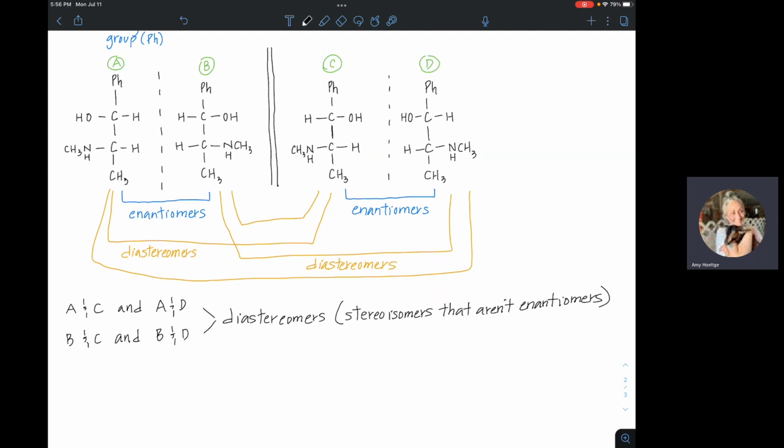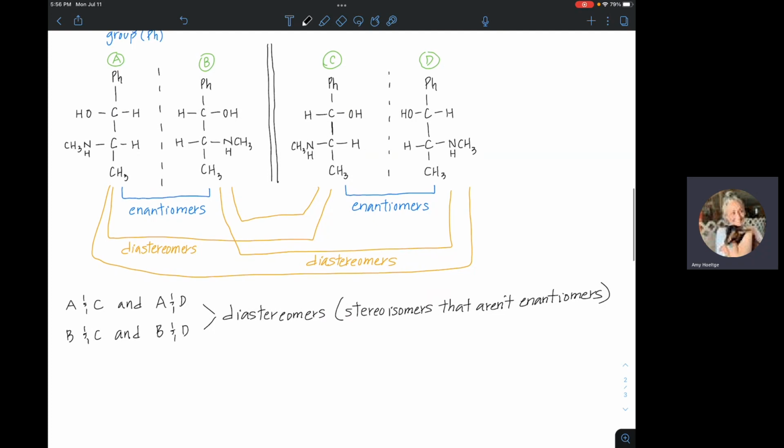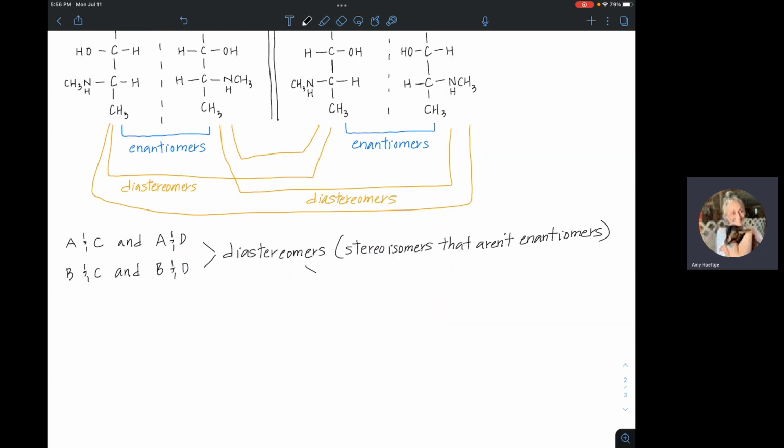So you're not ever going to be separating enantiomers physically, but you can separate diastereomers physically. So this is important. These have different physical properties. So therefore, they can be physically separated.